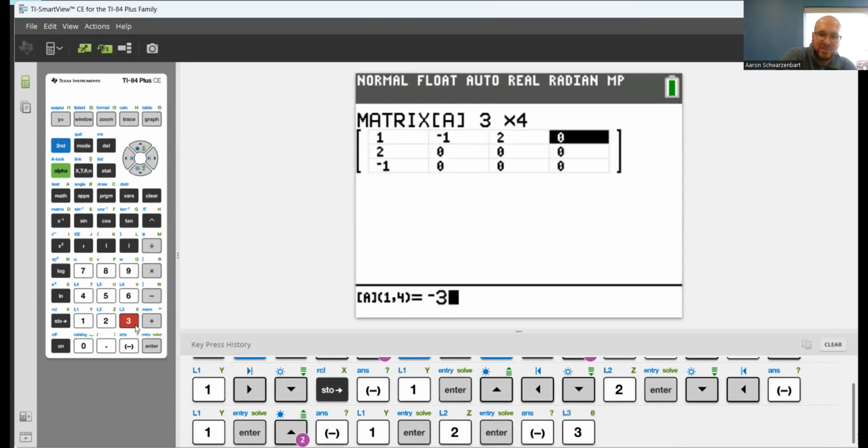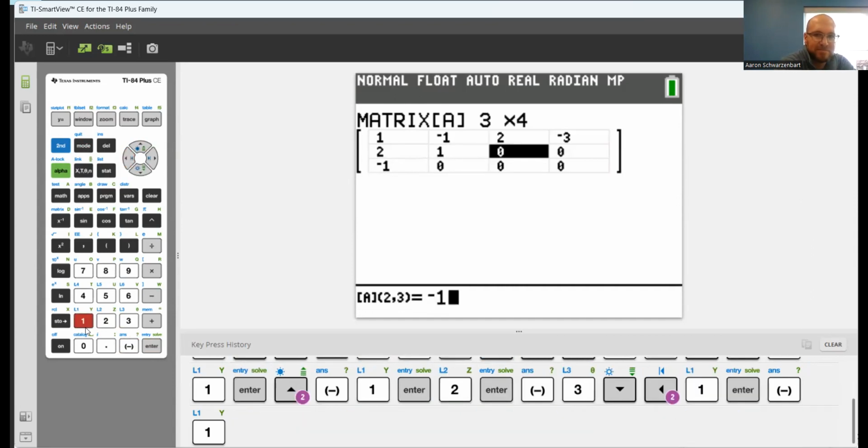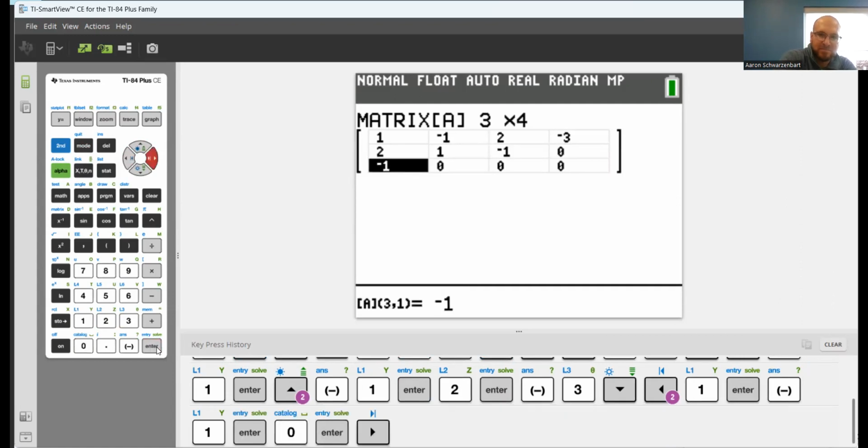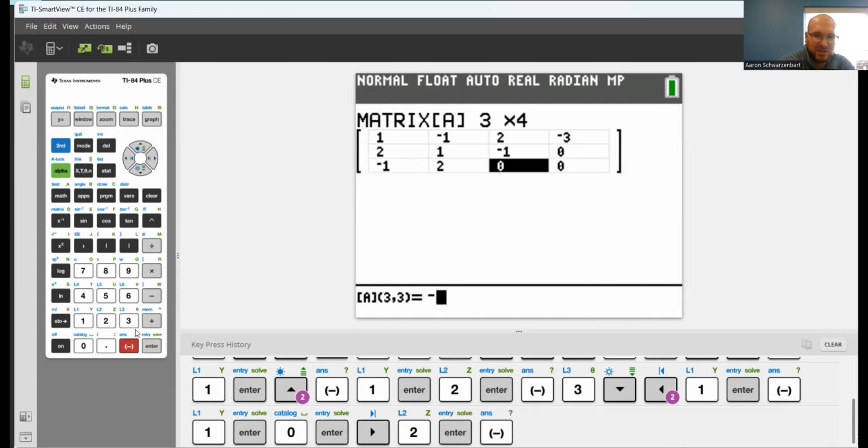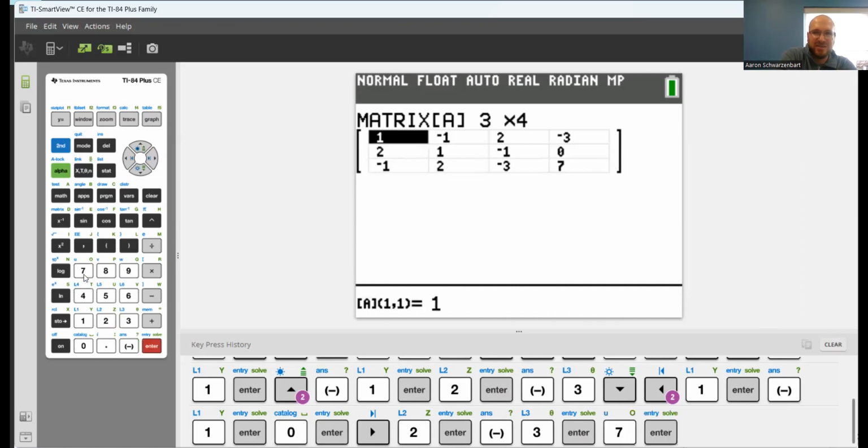These are not the fastest things in the world to enter. Actually, I don't know if I've ever done enter before. It just kind of takes you through this process. I think that's actually the fastest way, is just hit enter. So now I've got matrix A.